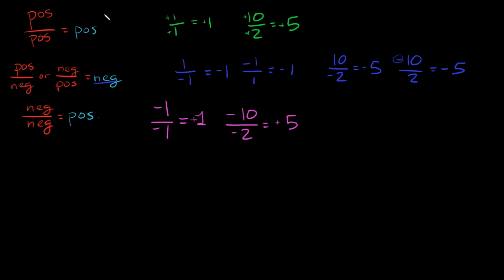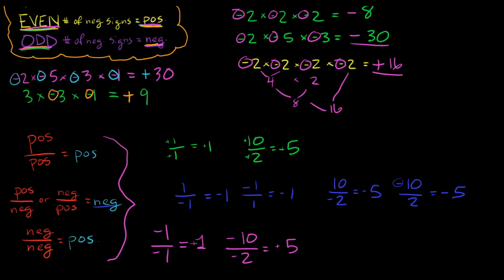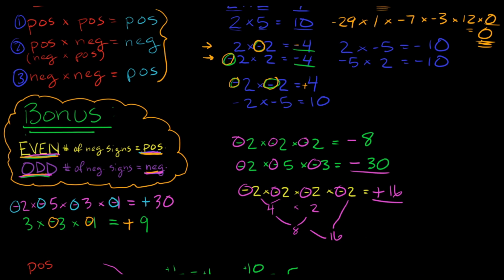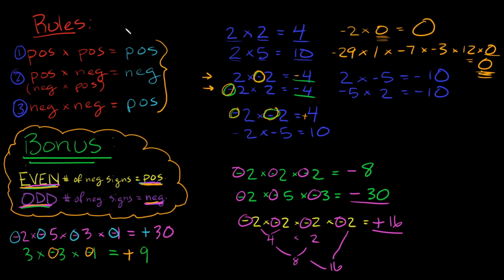So again, these three rules right here mirror, or they're pretty much the same as these three rules up here, right? Two positives, you get a positive. One negative, you get a negative. Two negatives, you get a positive, right? We ran through all the examples.